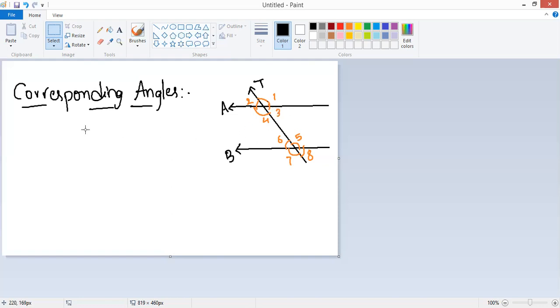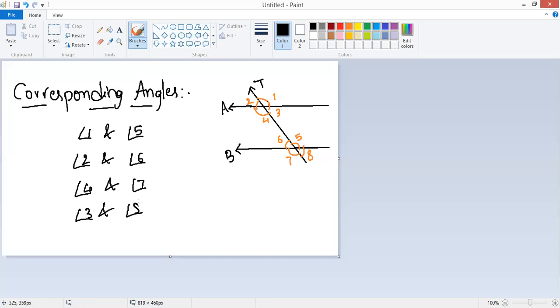So the corresponding angle pairs in the given figure are angle 1 and angle 5, angle 2 and angle 6, angle 4 and angle 7, angle 3 and angle 8. These are the pairs of corresponding angles formed by the transversal. Every time, the pair of corresponding angles will be equal.